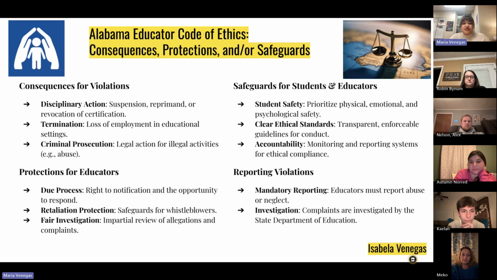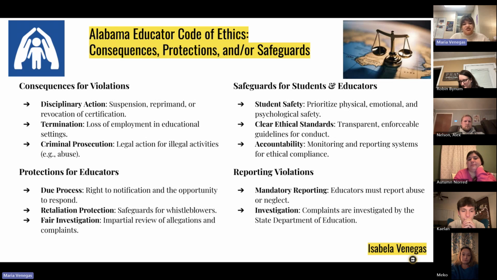So, consequences, protections, and safeguards. Violating the Alabama Code of Ethics has serious consequences, including suspension, certification revocation, termination, or even criminal prosecution for illegal activities like abuse.